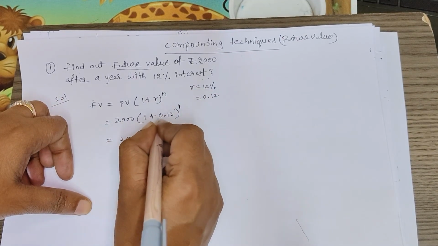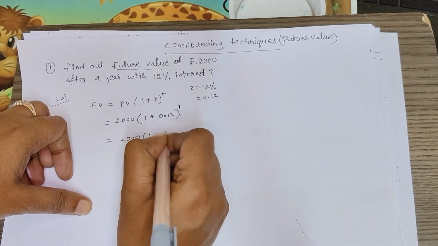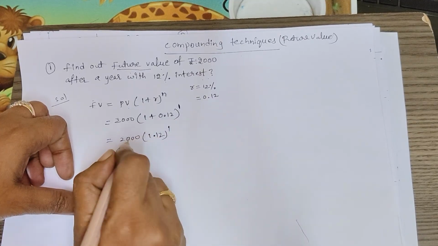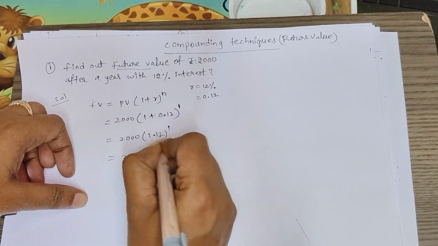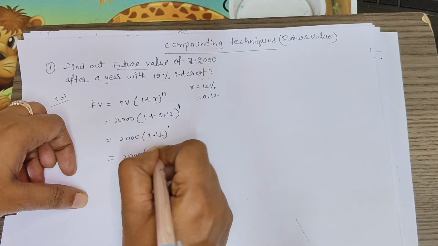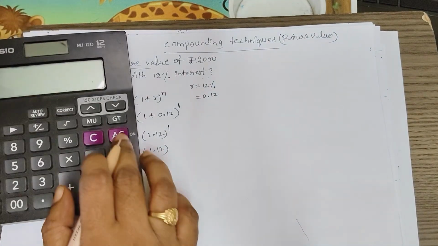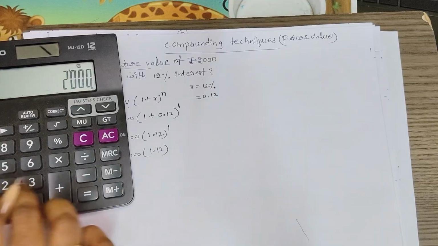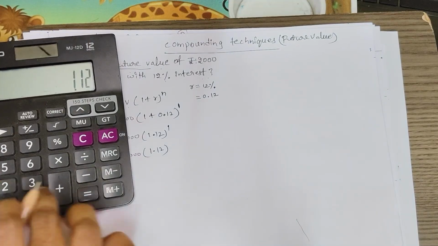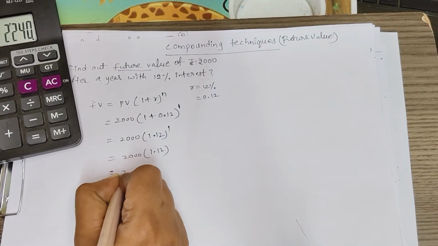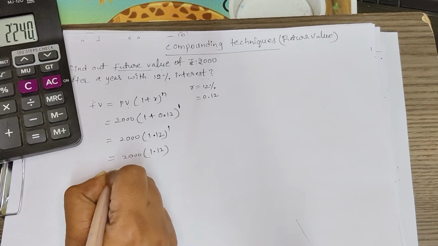So 2000 into 1 plus 0.12, 1.12 to the power of 1, which is nothing but 1.12 only. That is multiplied with 2000. 2000 into 1.12, so our value is 2240 rupees.